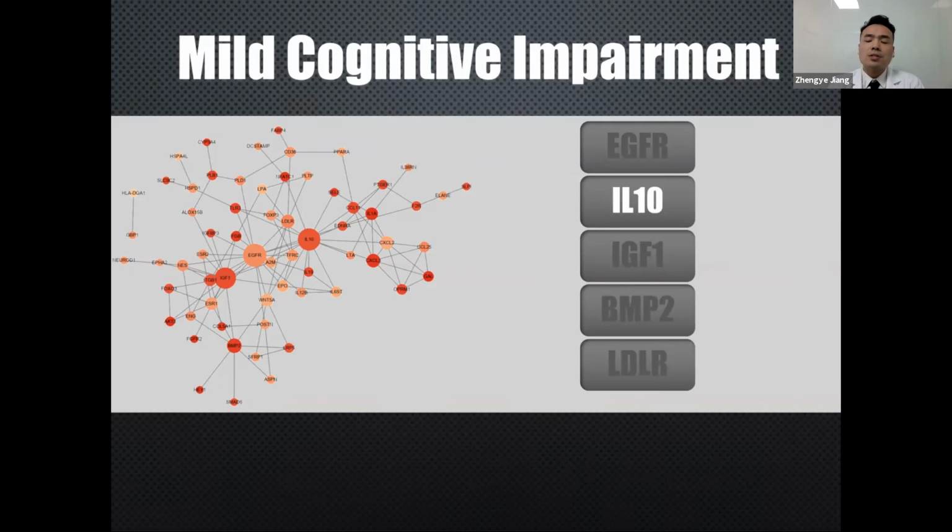Similarly, many studies have shown abnormal increases in IL10 signaling in the brains of AD patients. Our results confirm and extend other studies that have reported elevated IL10 levels in serum, as well as in brain extracts from individuals with AD.